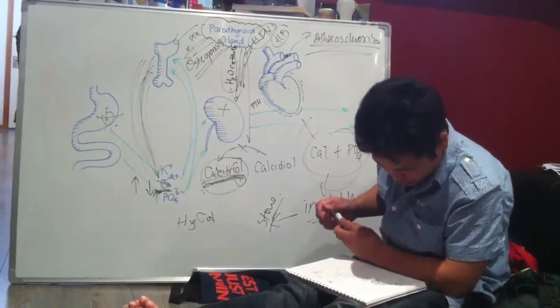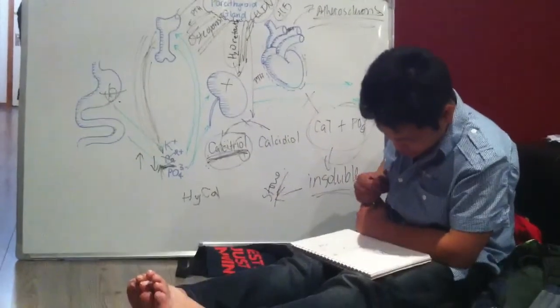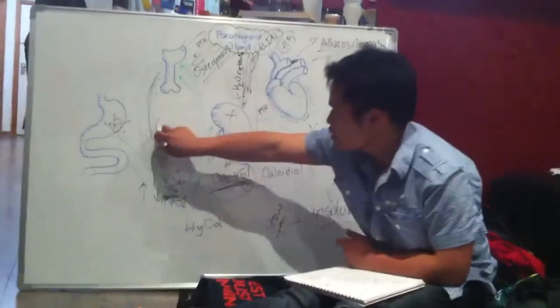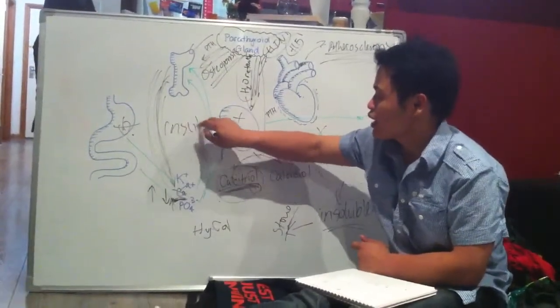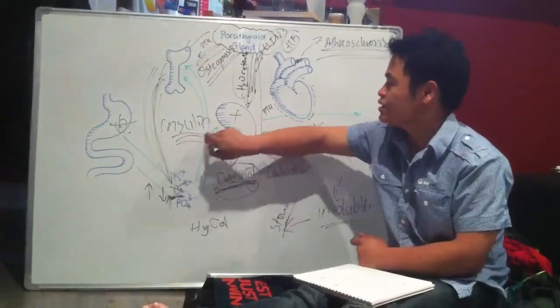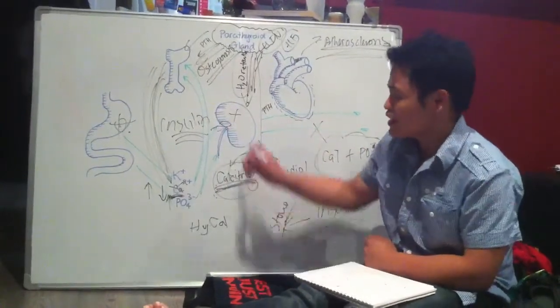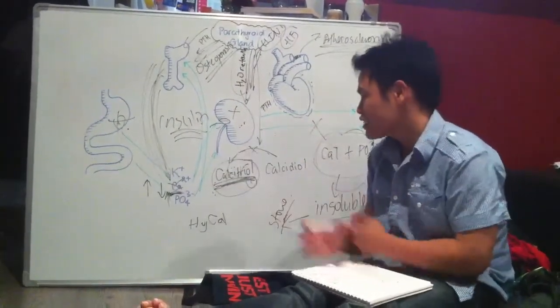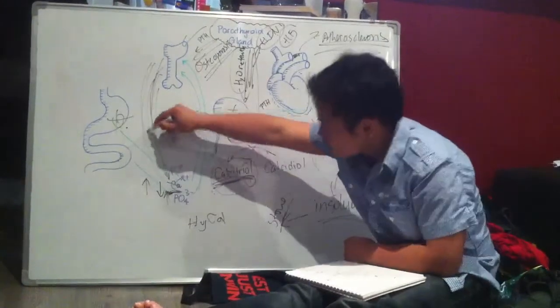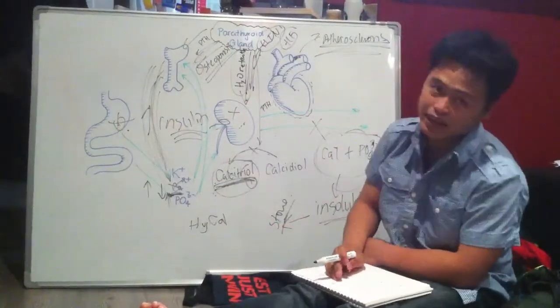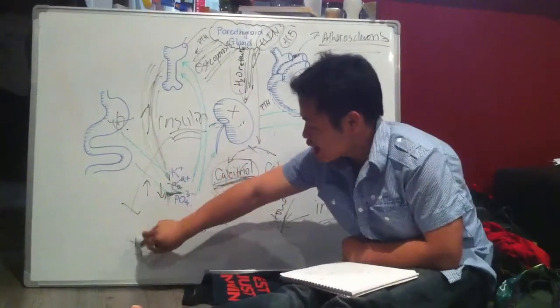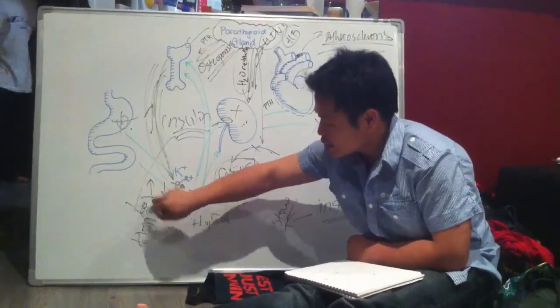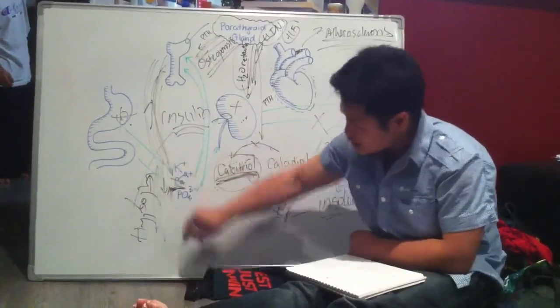What other things are there? Insulin is renally cleared, like Ikwan has said today. But if your kidney is not working, insulin increases in level. What does that mean? Hypoglycemia. That's a bad thing.